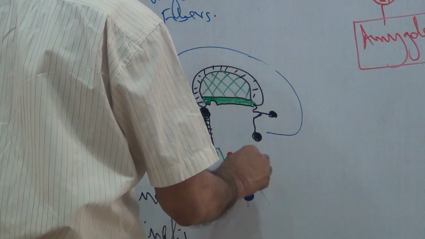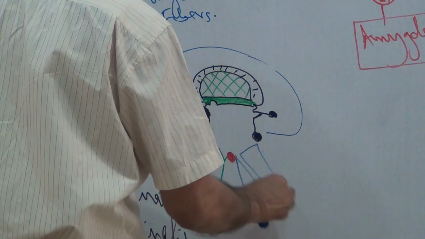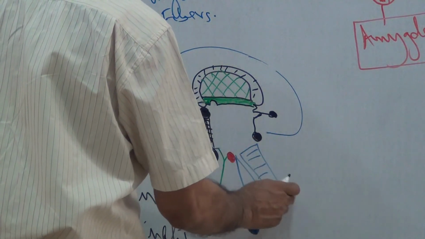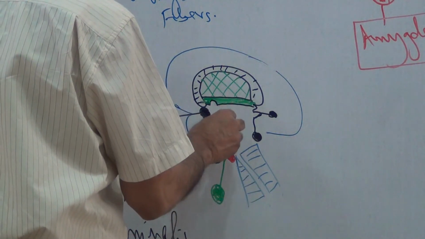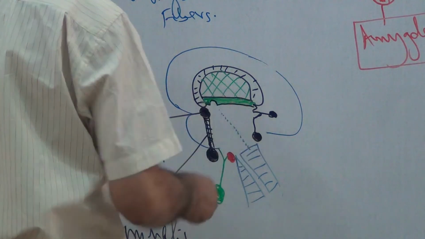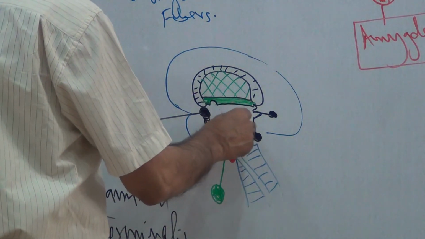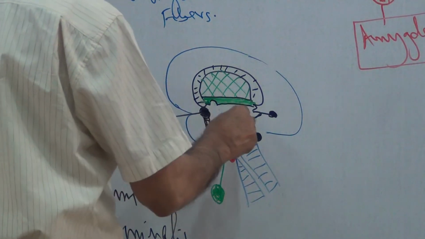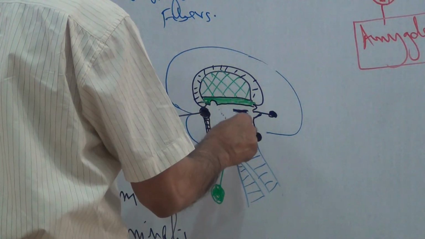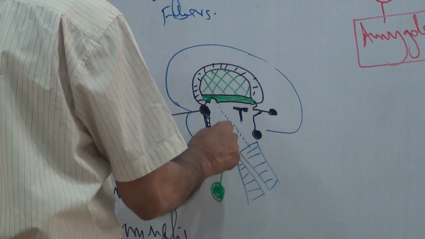Then midbrain section. This is the hypothalamic sulcus. Here is the thalamus. And here is the hypothalamus.